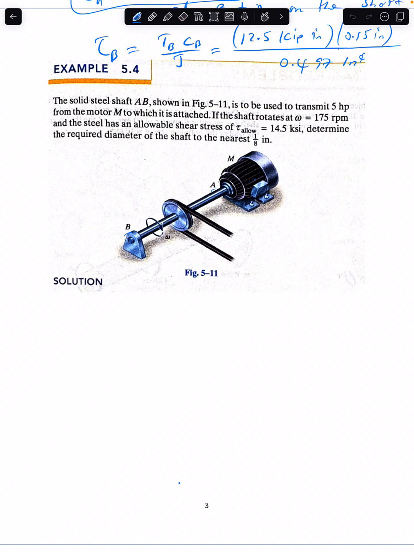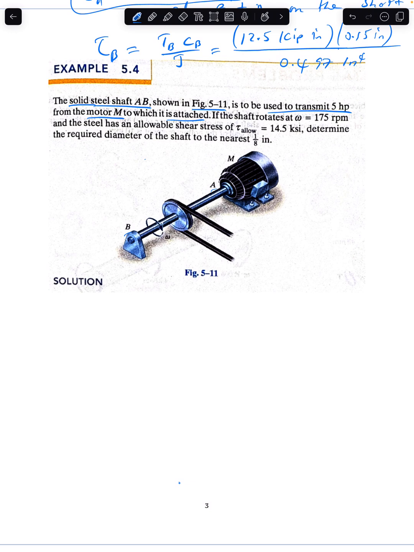We have a problem here to solve. So we are told that a solid steel shaft AB, as shown in figure 511, is to be used to transmit 5 horsepower from the motor M to which it is attached.